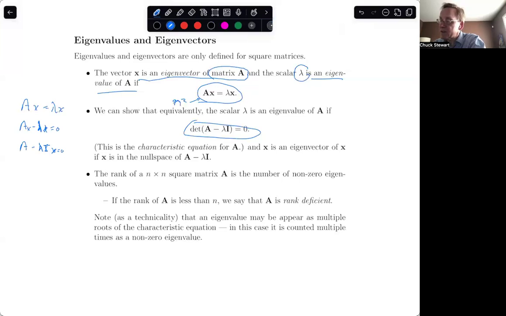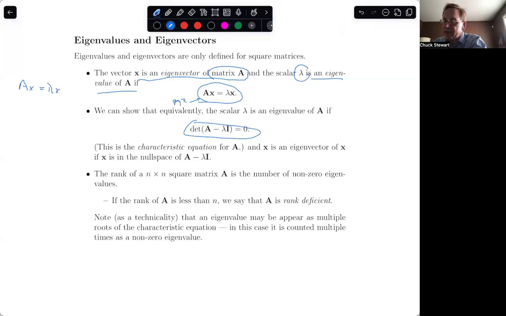Okay, so let me erase this and start over. Nothing new, just want to make sure it's clear. So we have Ax equals lambda x.